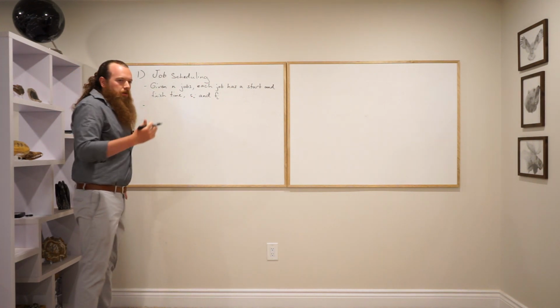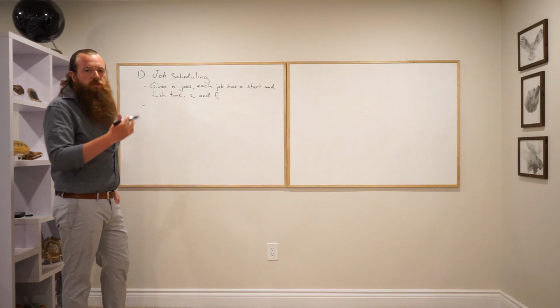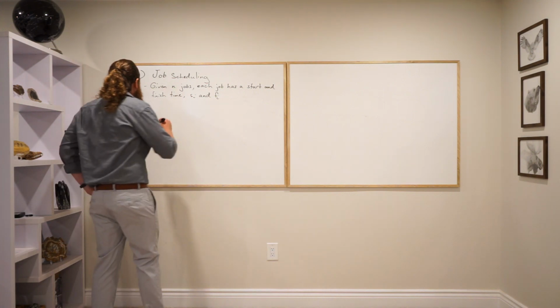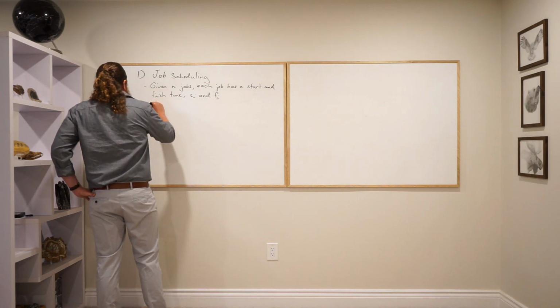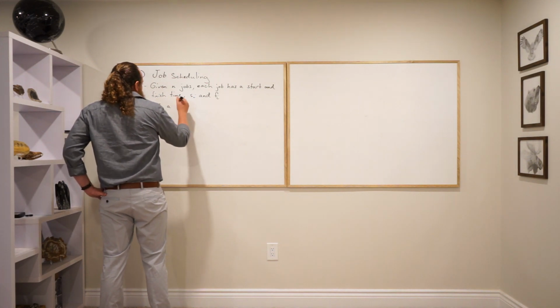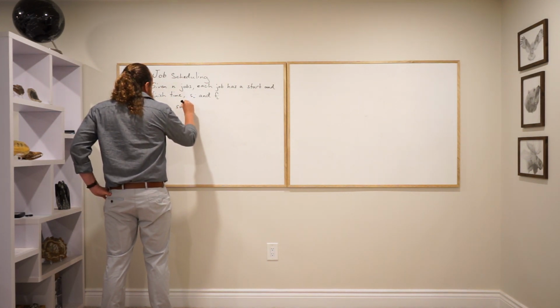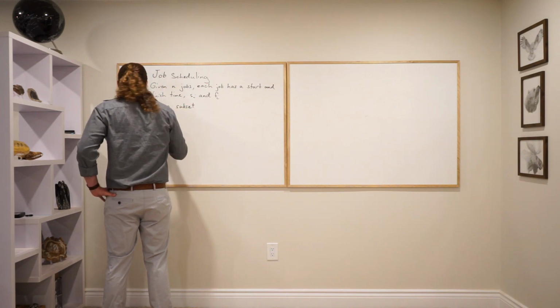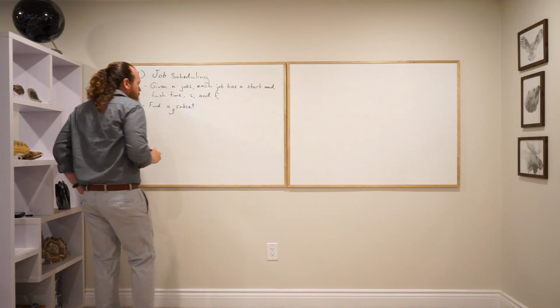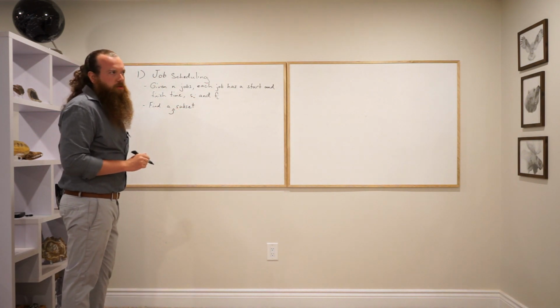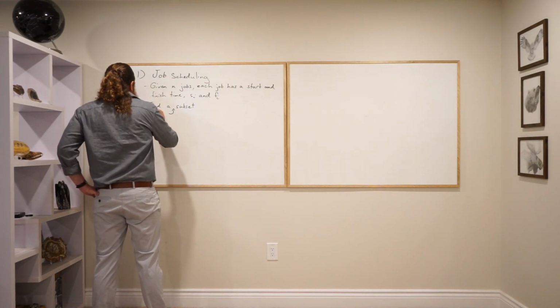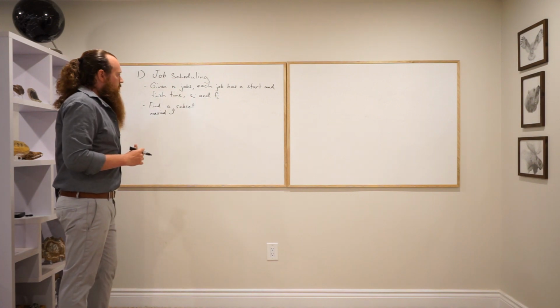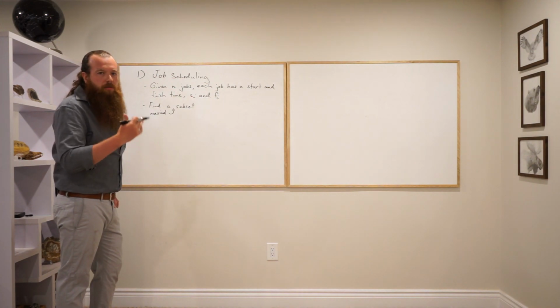So that's the problem, but what are we trying to do? What's the goal we're trying to achieve here? Well, we want to find a subset of those jobs, and I'm going to throw in a word here. I'm going to call it a maximal subset. When I say maximal subset, I basically mean the biggest subset possible.